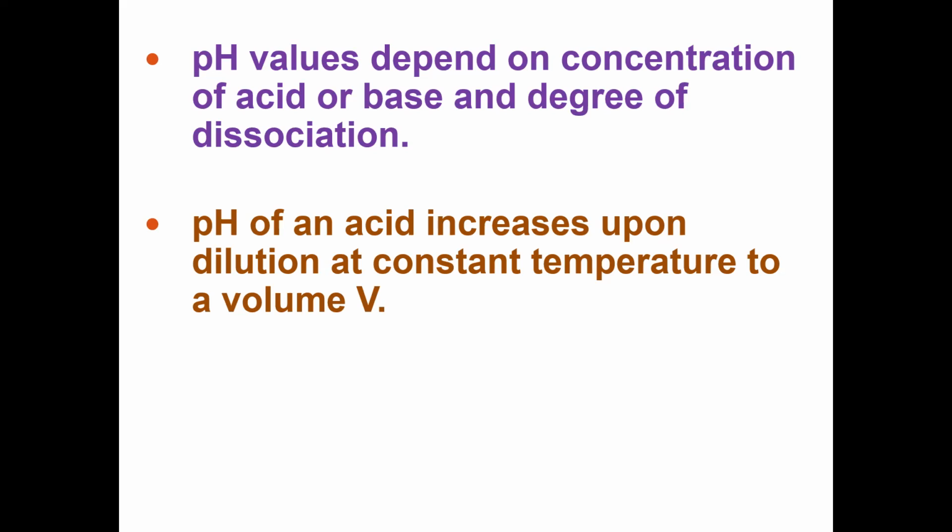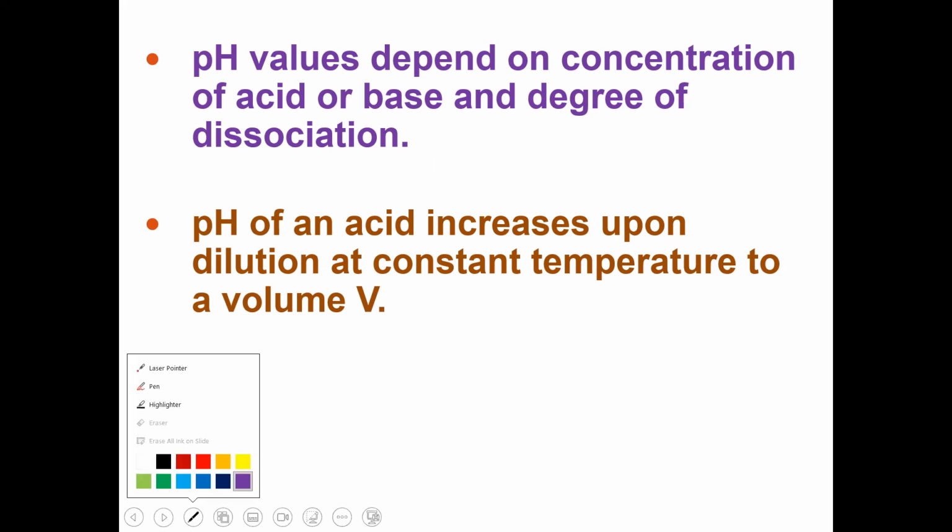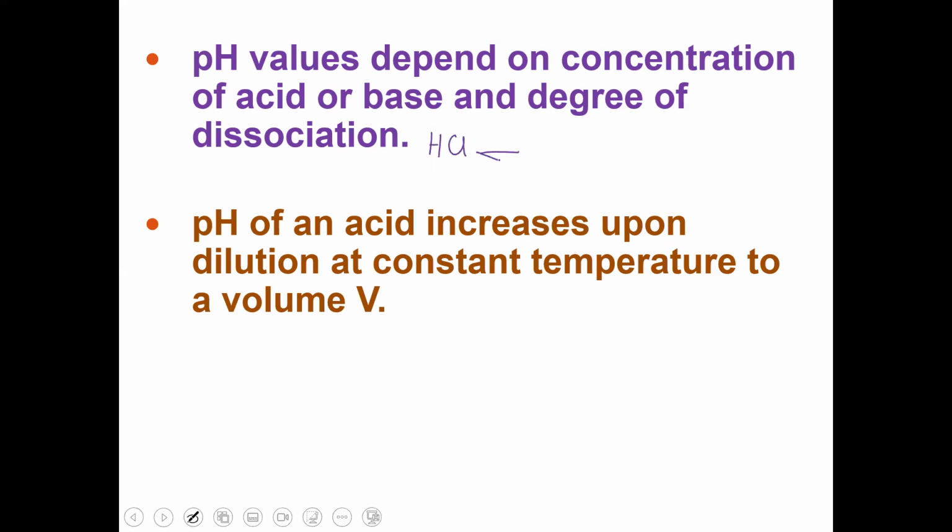Degree of dissociation means when you put an acid in water, it dissociates and goes into solution. But remember, it is not a crystal, it was already aqueous. So this is called dissociation.